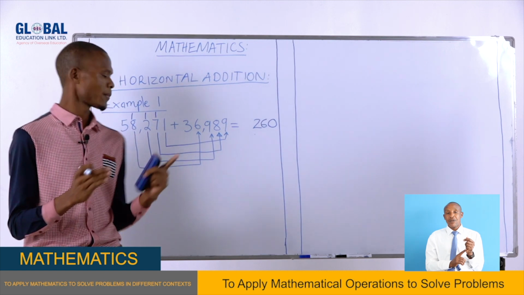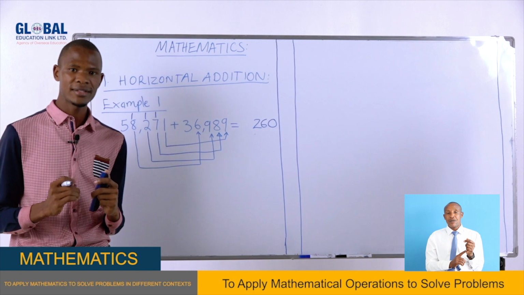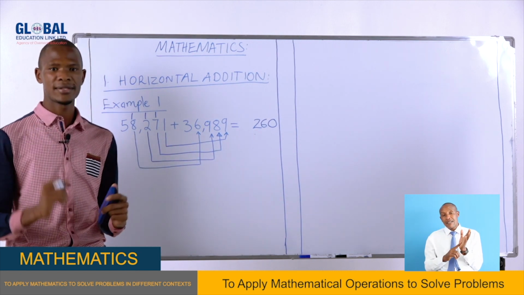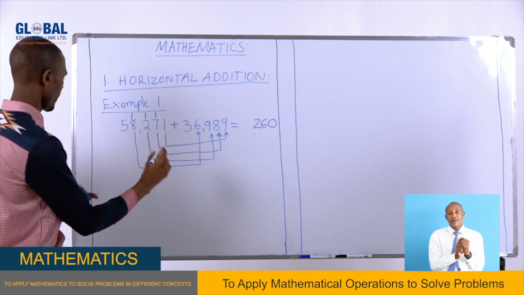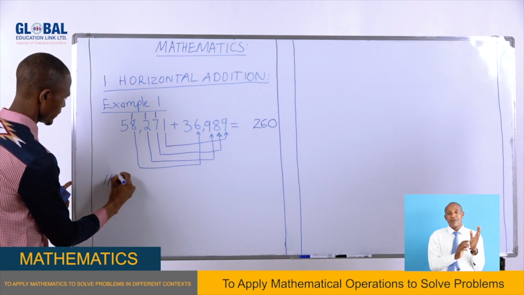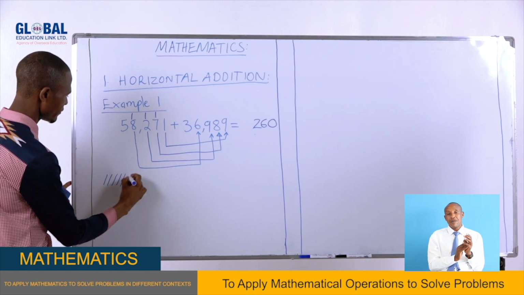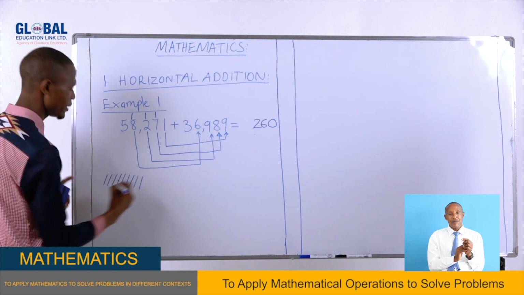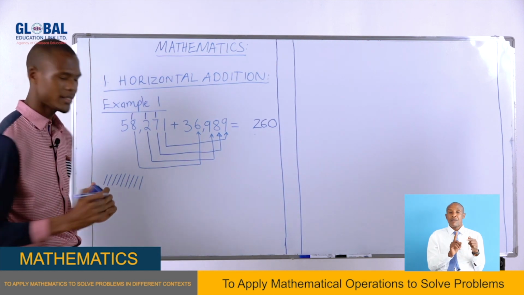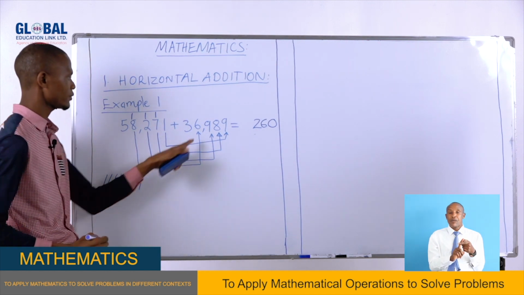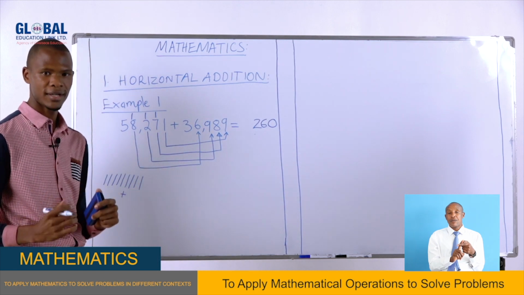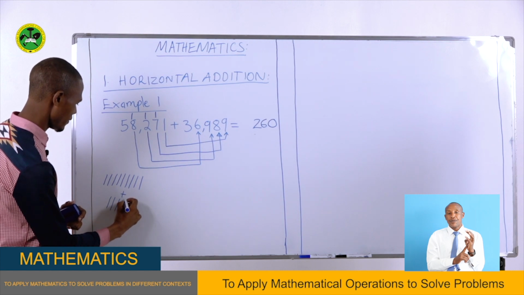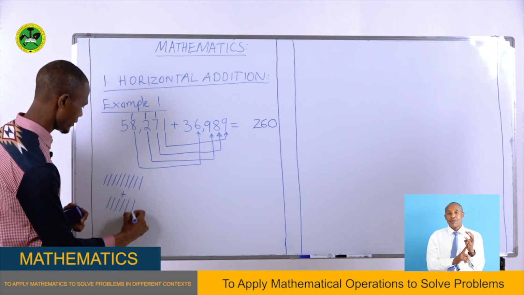So we count 9 tallies and then we add 6 tallies. 1, 2, 3, 4, 5, 6, 7, 8, 9, and then we add 6 tallies. 1, 2, 3, 4, 5, 6.